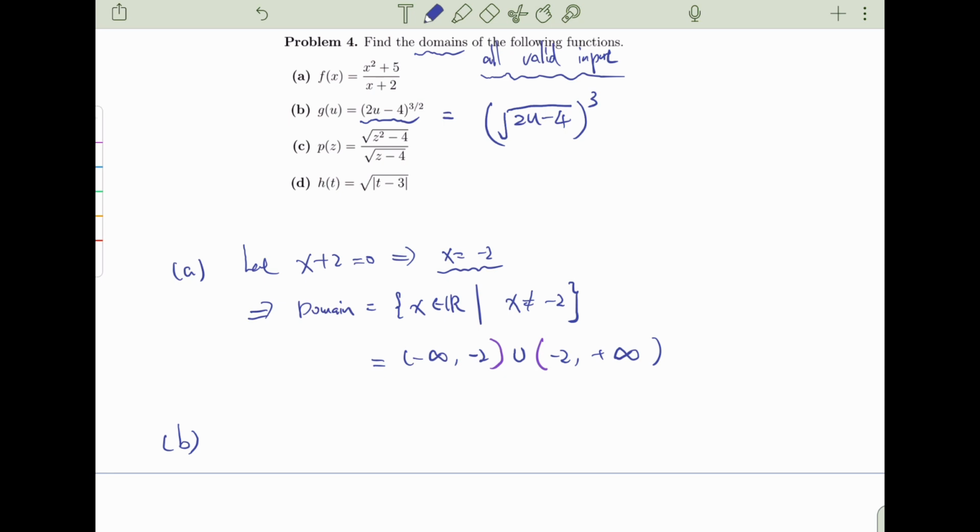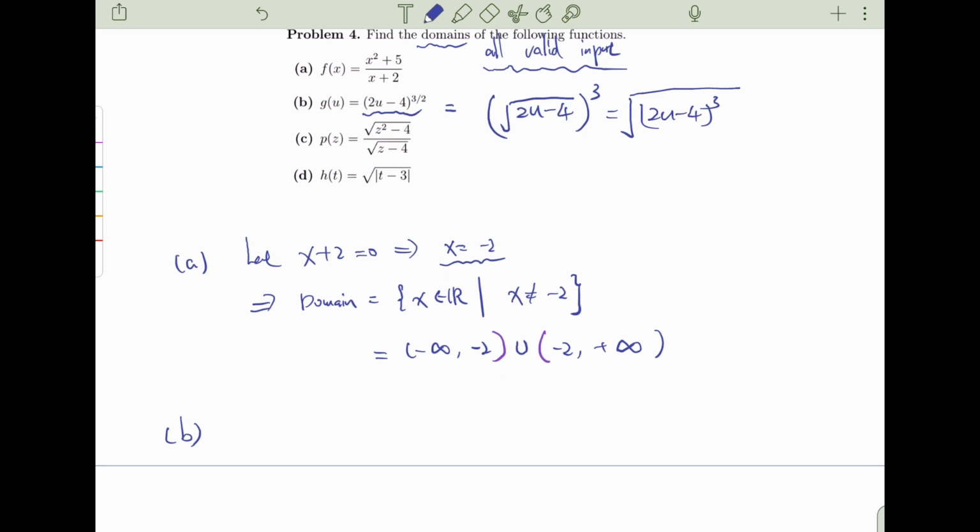Or you can just switch the square root and the cube to write this as 2u minus 4 to the 3, square root. So these two expressions are actually the same thing. They're not different from each other. So now how can we find the domain of this function?